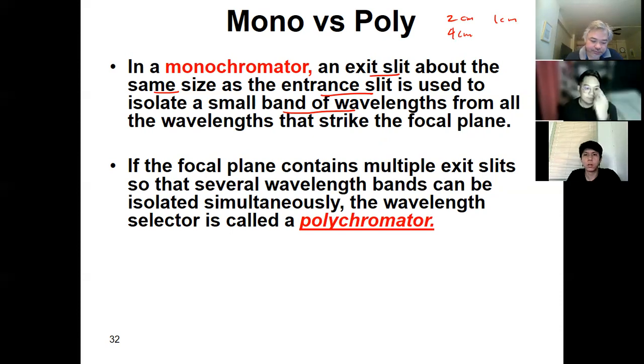Now, where do you see this one? In UV-Vis, and where else? The monochromator. Usually the slit plays a very important role, mostly in fluorescence. So in the monochromator, how many wavelength bands do you usually have?